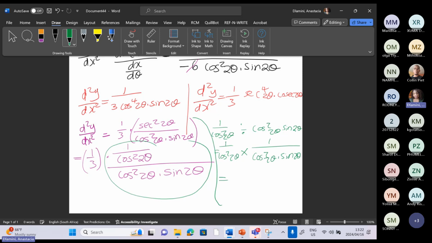So this is equal to 1 over cos to the power 4 of 2 theta times sine 2 theta.